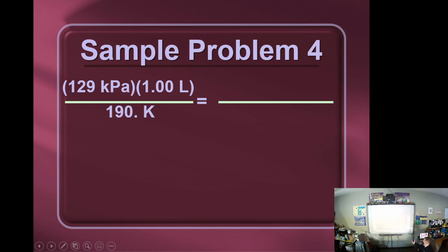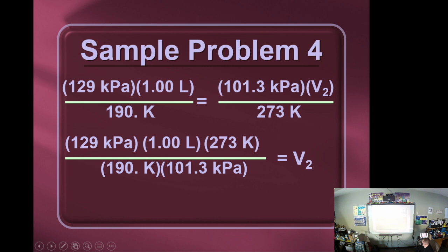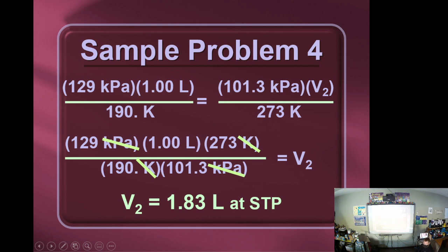We want to take them to standard. What's the standard kPa? We're looking for volume. And what's standard temperature? Cross multiply. Divide. That brings us to 1.83 liters at STP.